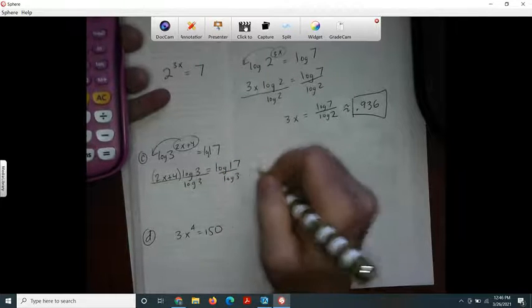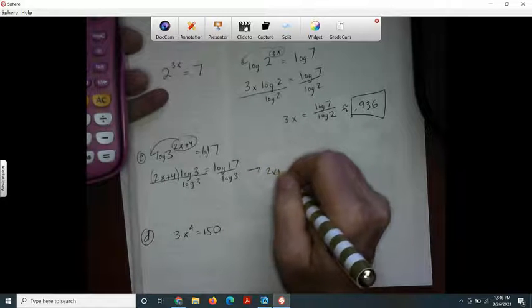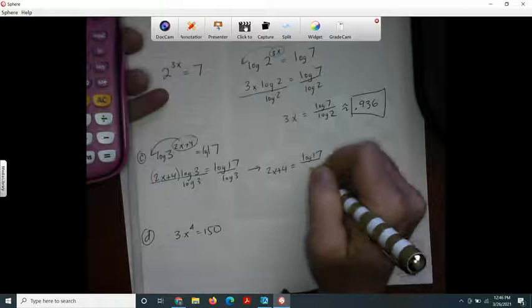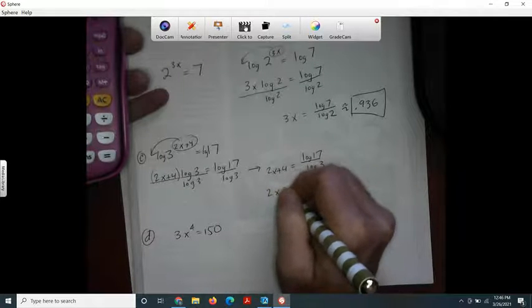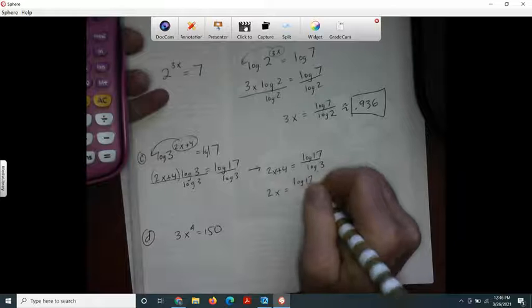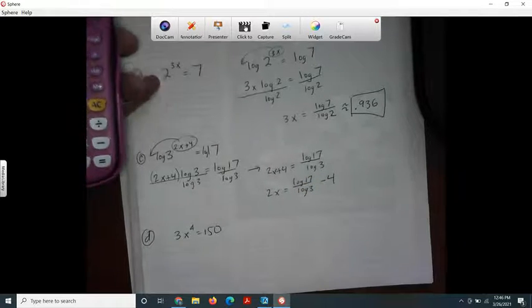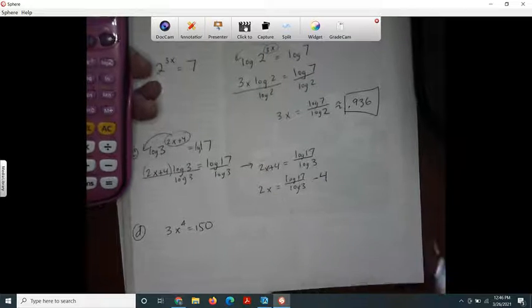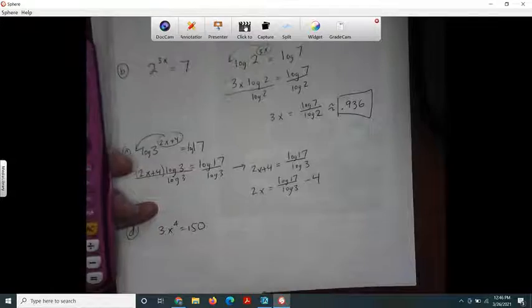And you'll get 2x plus 4 equals log 17 over log 3. And then you can minus 4 on both sides. And then I would just put that in the calculator, and then I would divide it by 2 at the end so that you can account for that 2 right there.